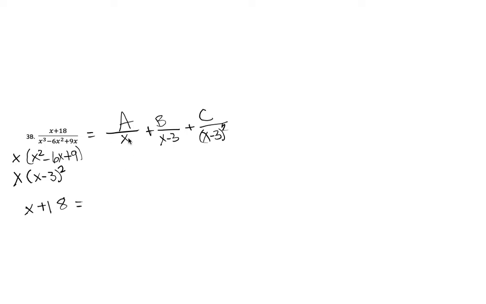So my A is just missing an (x minus 3) squared. So A times (x minus 3) squared. My B is missing one of these and one of these. So my B is missing an x, and it's also missing an x minus 3. And my C is only missing an x. So similar to the other problem.